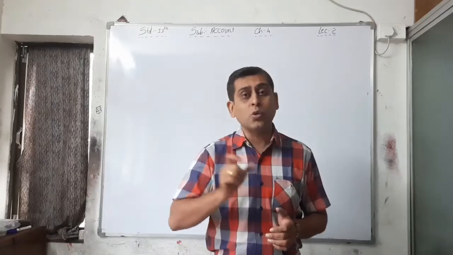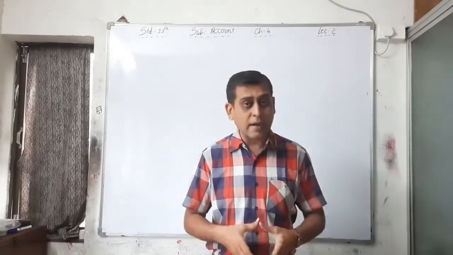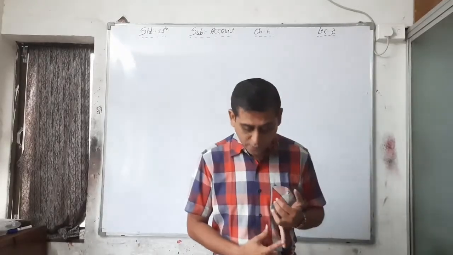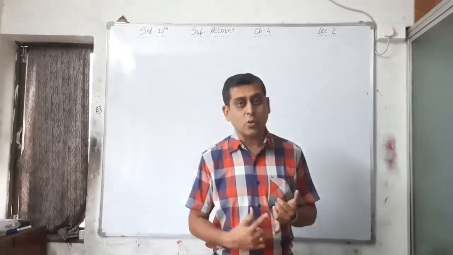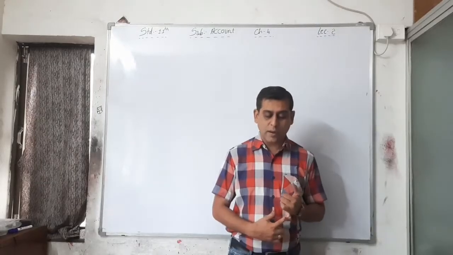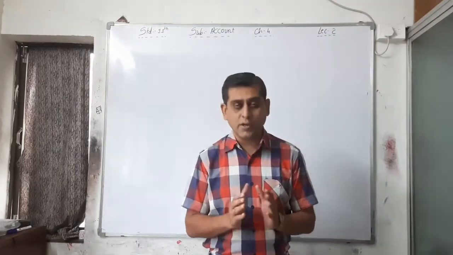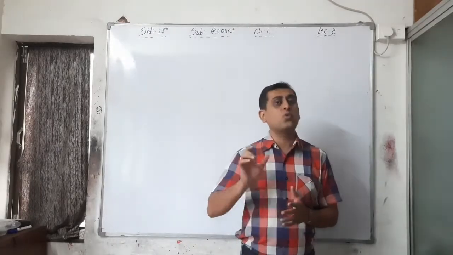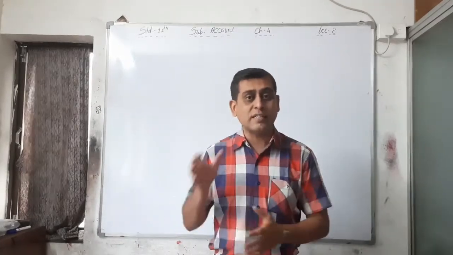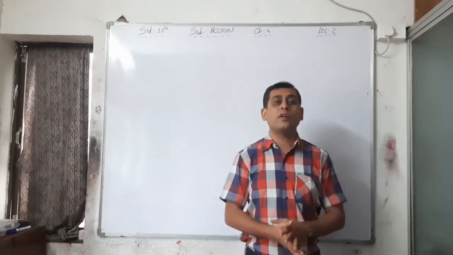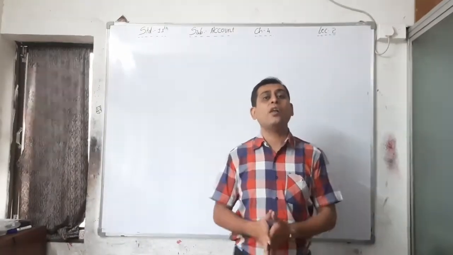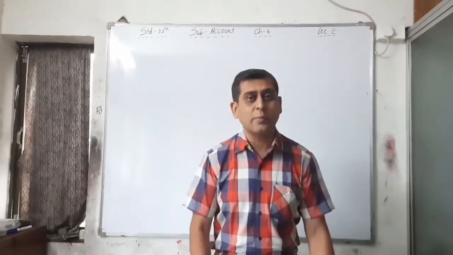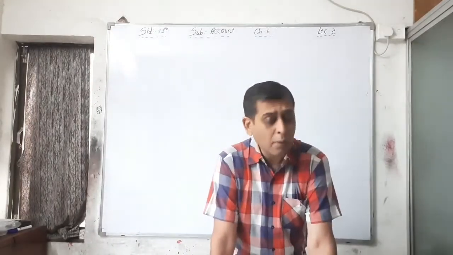So your combined entry, given on page number 57: wages account debit 300, salary account debit 2000, and telephone expense account debit 500 to cash account, total 2800. Cash goes out, total 2800, from the business, so the cash account is credited with 2800 and all expenses are debited. This is the example of a combined entry.